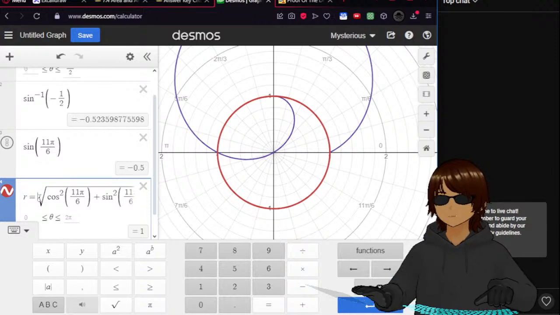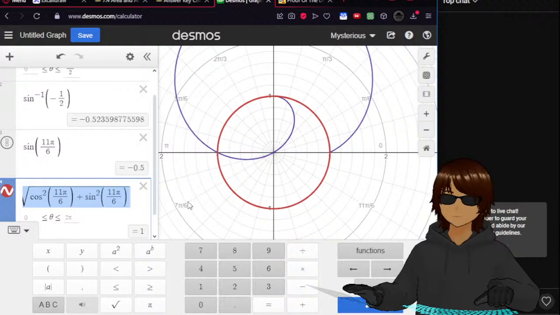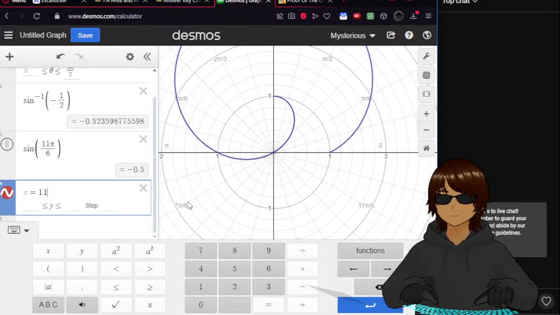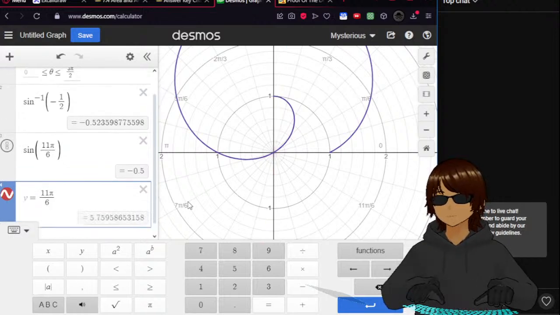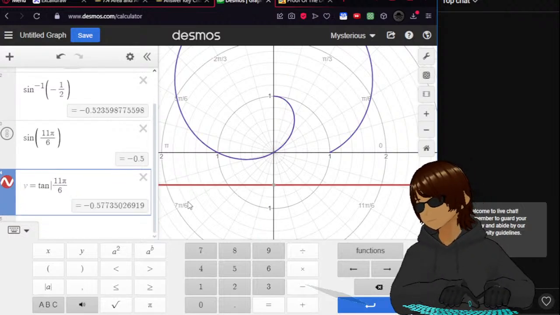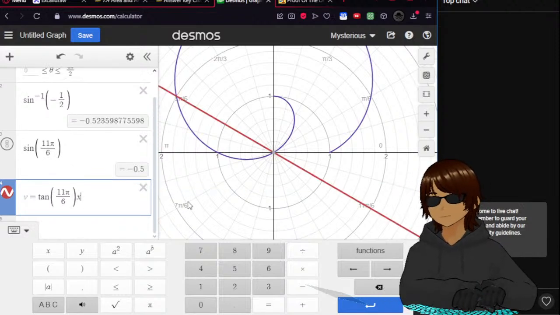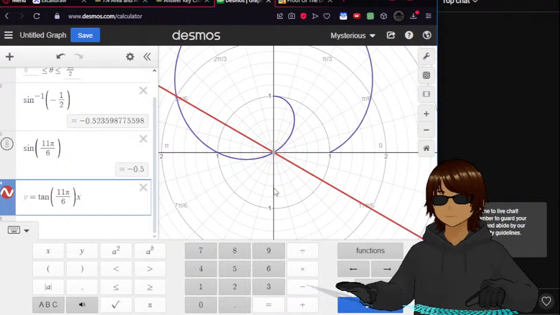Let's say r is 1, then x is equal to this.